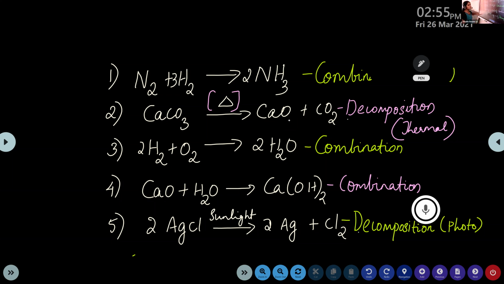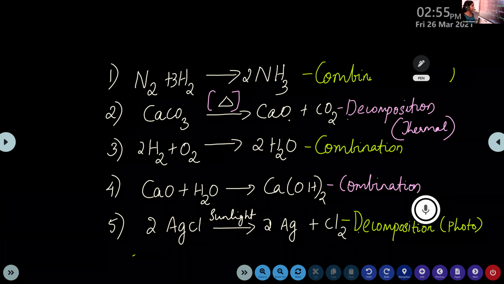And from these reactions, can you identify endothermic reaction? Fourth one? Yeah, this one is endothermic. Then any other? Energy is absorbed. Second one or fifth one? Yeah, fifth one is endothermic.